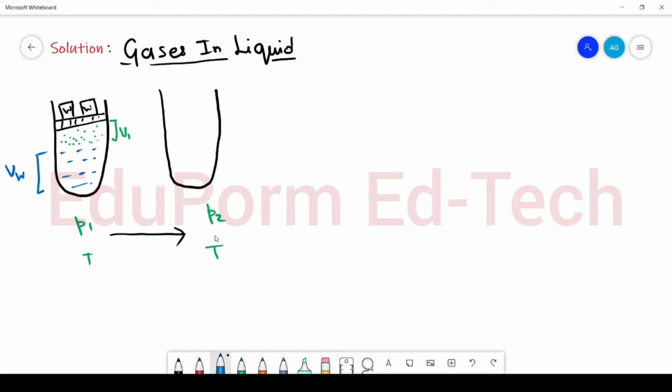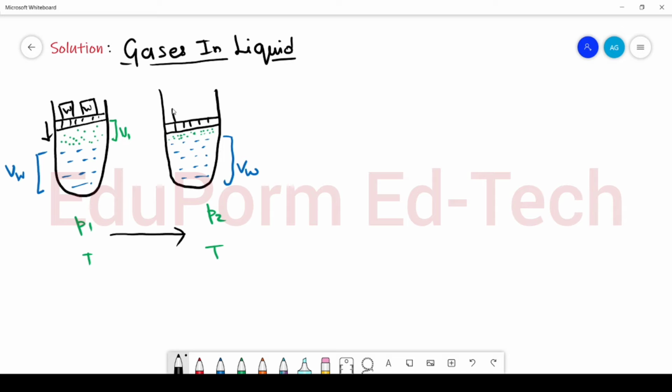This is the volume of water, which will remain VW, as water is incompressible, but gas is highly compressible. So when I increase pressure, and how will I increase pressure? Obviously by pushing the piston down.